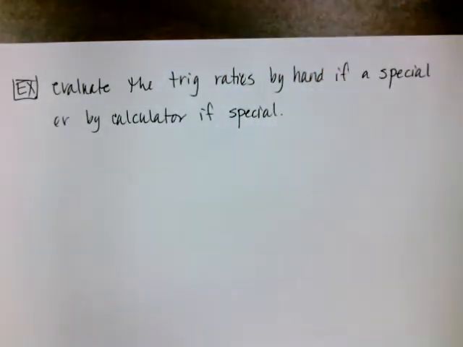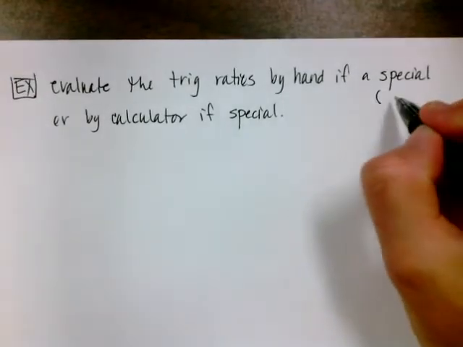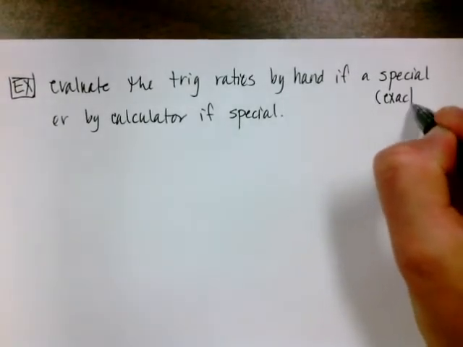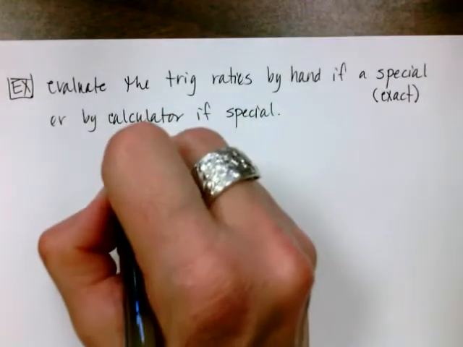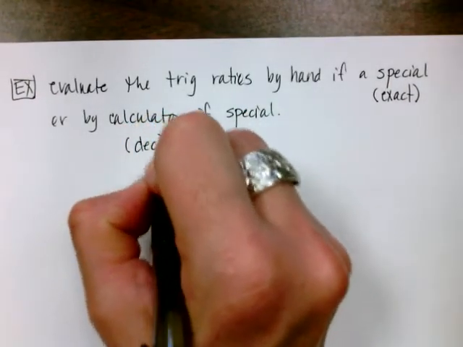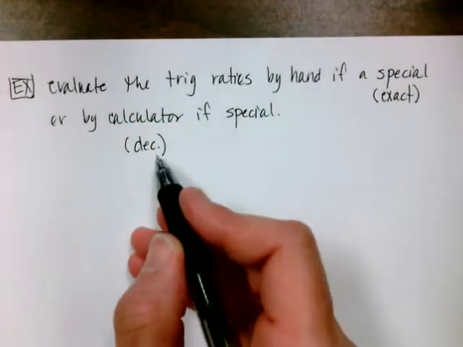Okay. If it's a special, what you can do by doing it by hand is you're going to find the exact coordinates. If you're doing it by calculator, you're going to get a decimal. And remember, exact means no decimals.